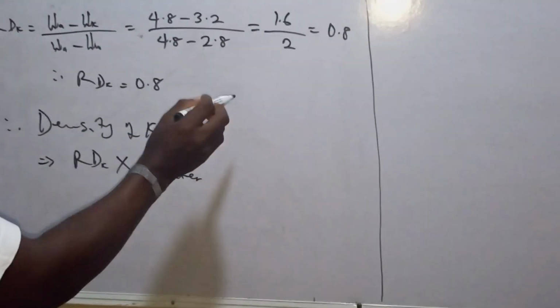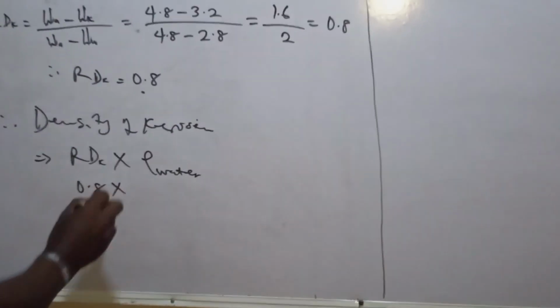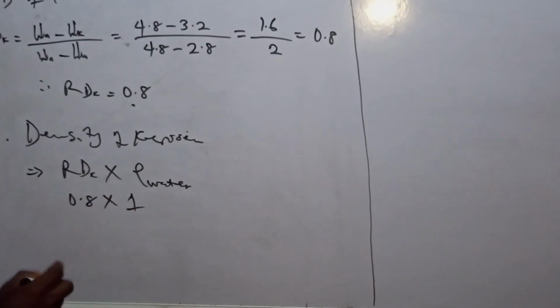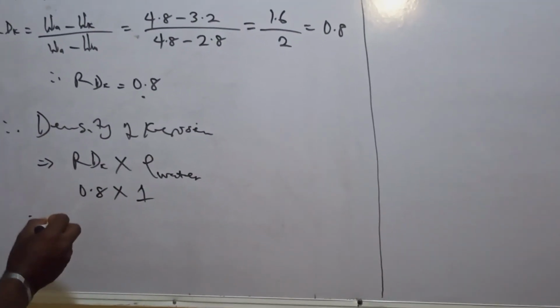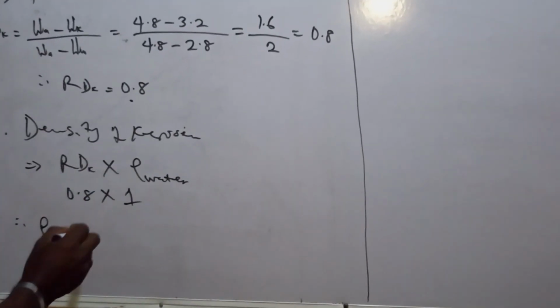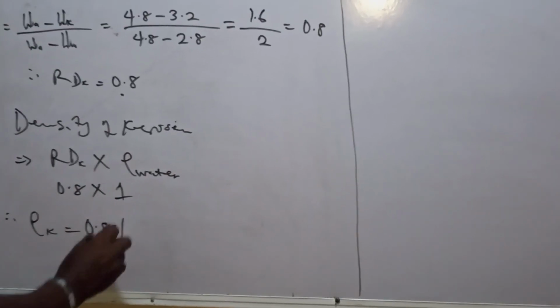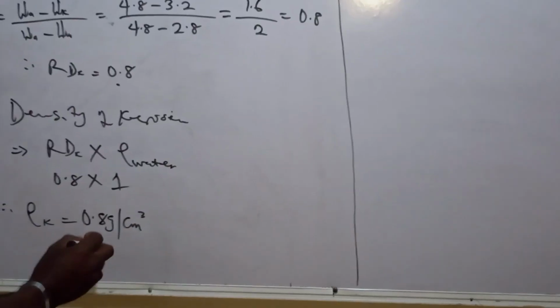Relative density of kerosene is 0.8, multiplied by the density of water, which is 1. Therefore, we have 0.8 gram per cm cube. That's the density of kerosene.